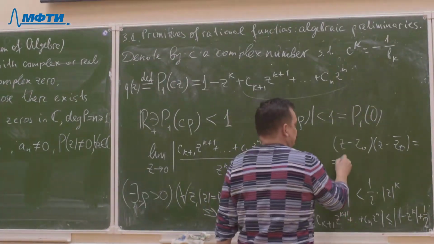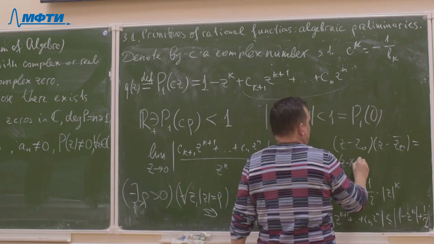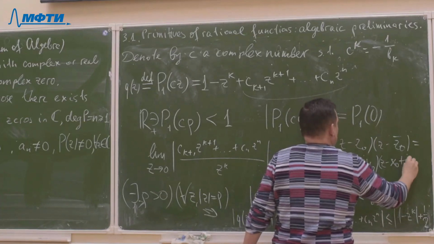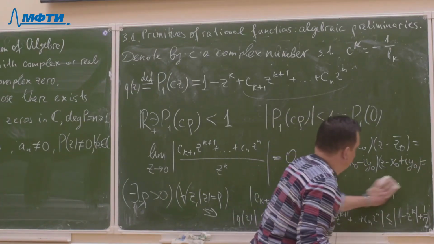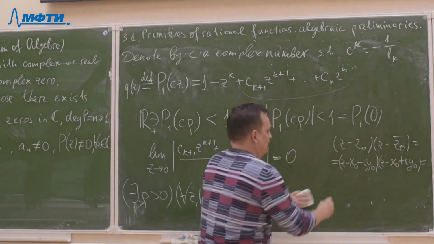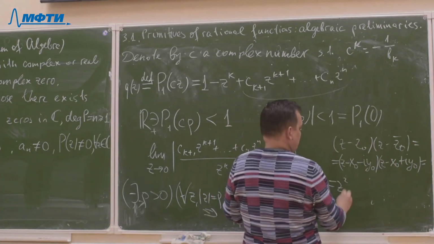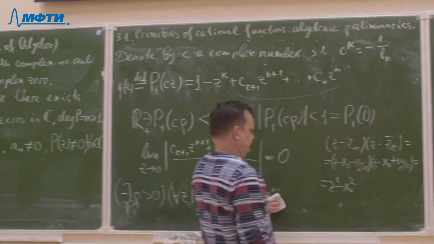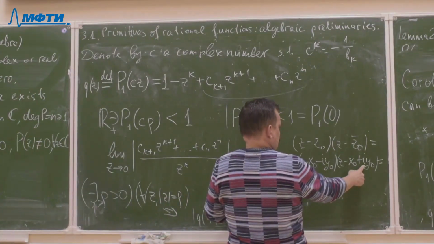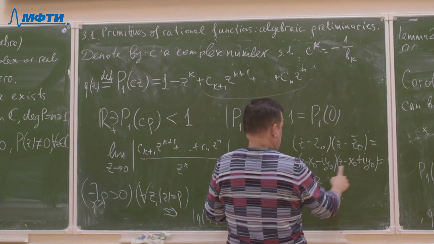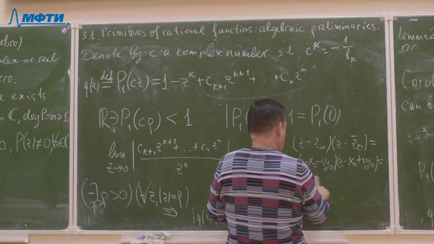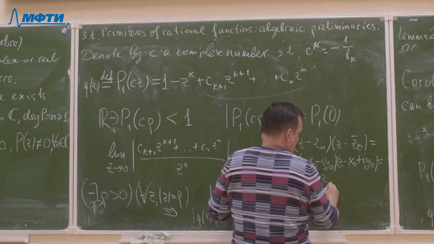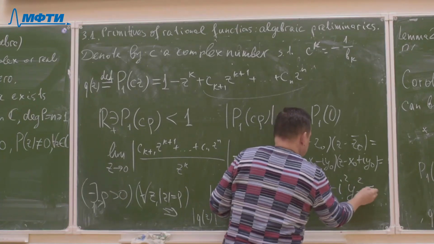If I substitute, z minus x naught minus i y naught, z minus x naught plus i y naught, it gives the following: z minus x naught squared minus i squared y naught squared, right?